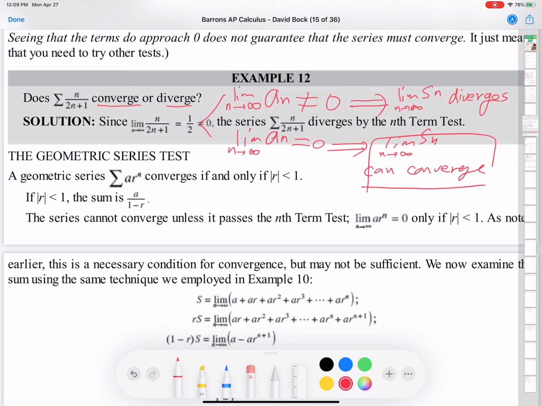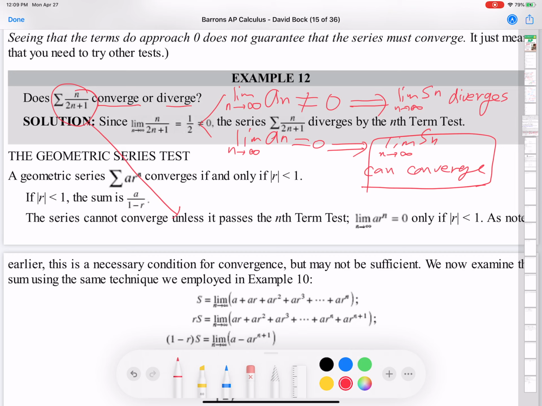It may be convergent. It's not a 100% guarantee, but only when the limit of an is 0 is it possible for the limit of Sn to be convergent. That means if the limit of an is not 0, the infinite series always diverges. That makes sense, right? Okay, think about this part.